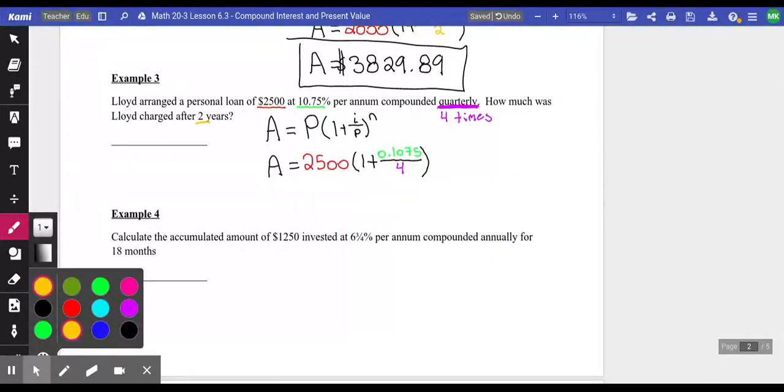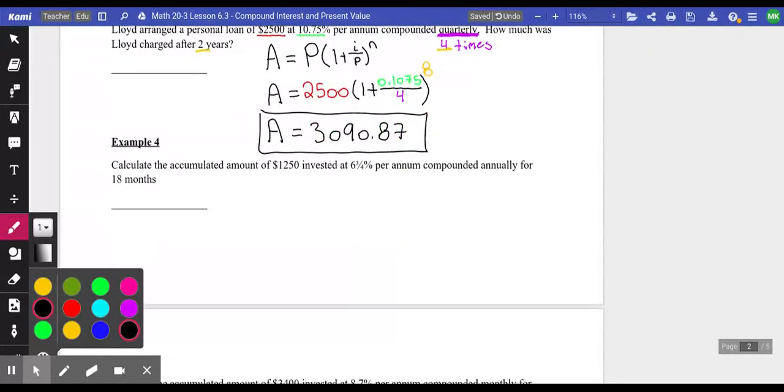It's 2 years, 4 times a year, for a total of 8 times I'm being charged, because 2 times 4 would be 8. We put all that into our calculator, and we will figure out the total amount after 2 years would be $3,090.87. Pretty expensive for a loan of $2,000. Oh, $2,500. That's not that bad though.